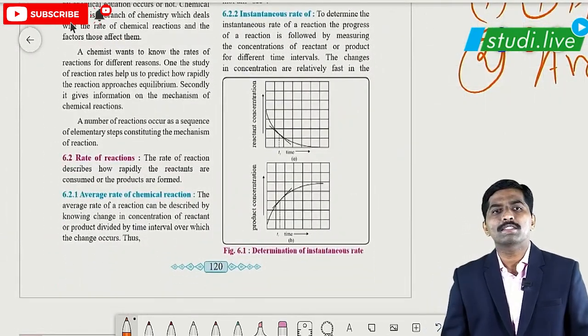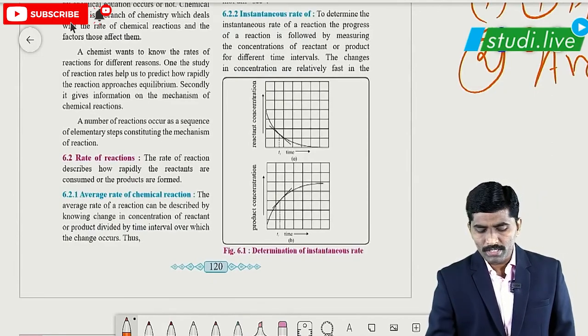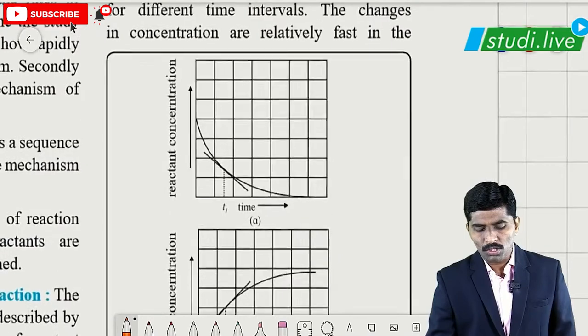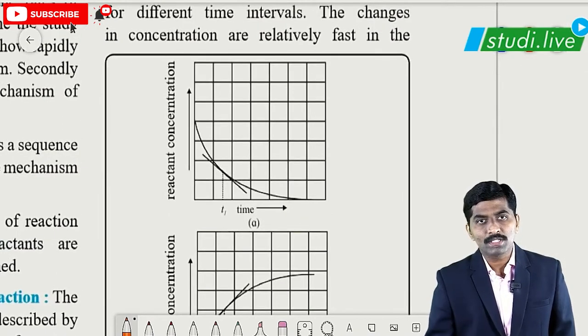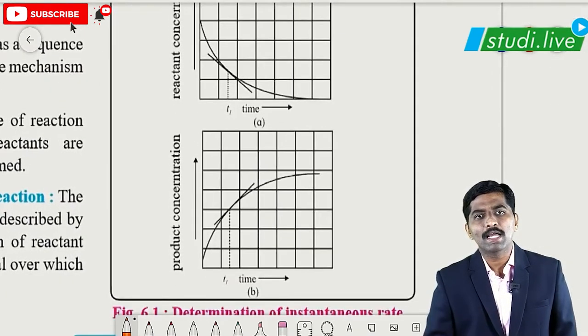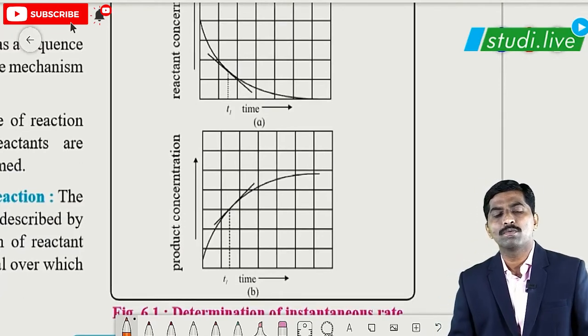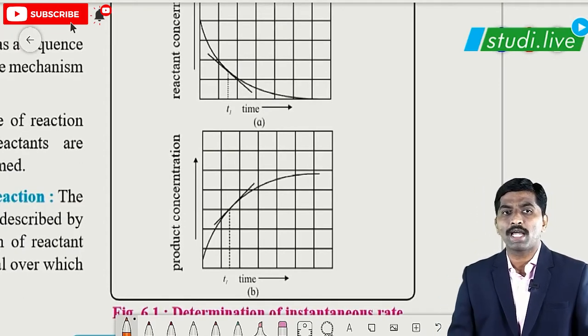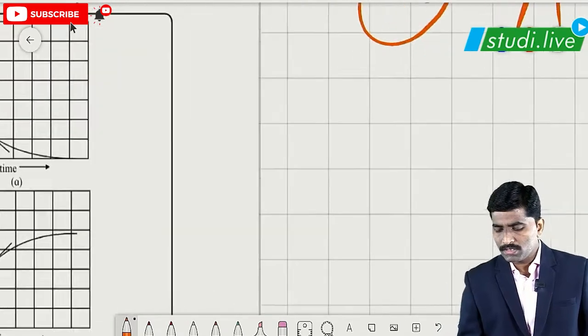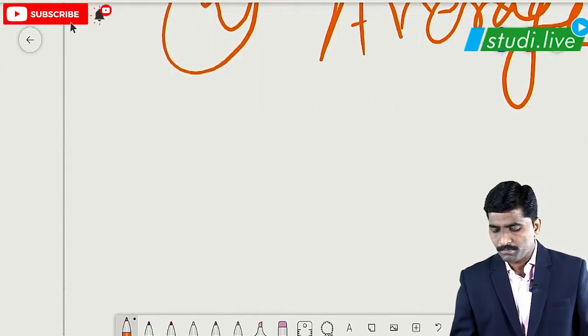The instantaneous rate, you can see two graphical plots in which the very first involves reactant concentration and in second we are having product concentration, which have been plotted against the time coordinate. How these are done? Let us see.